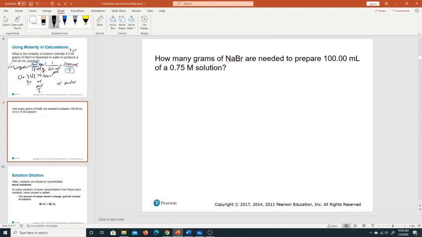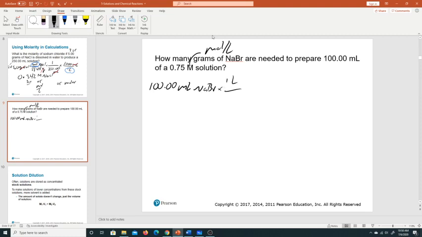Alright, so 100.00 milliliters of NaBr solution. Now we know molarity is moles per liter, and I've got milliliters, so that's a problem. I have to get rid of milliliters.